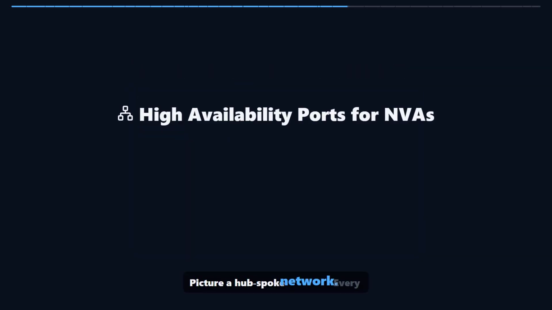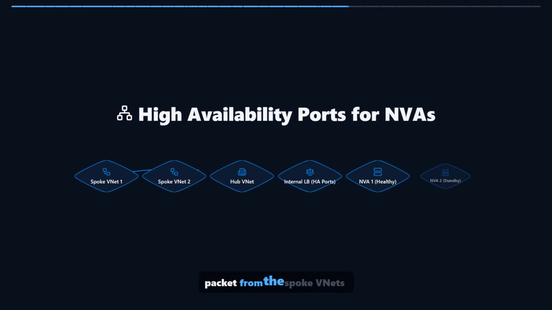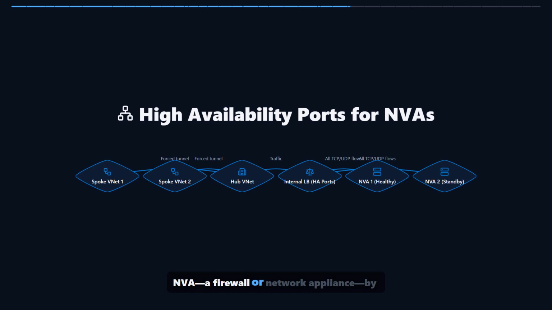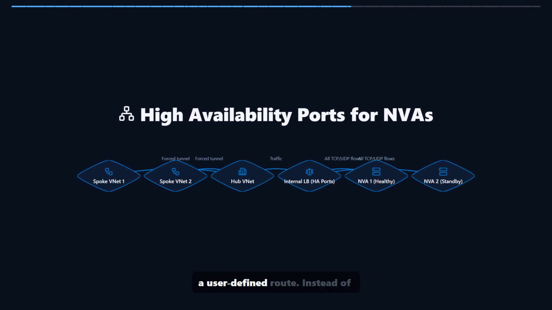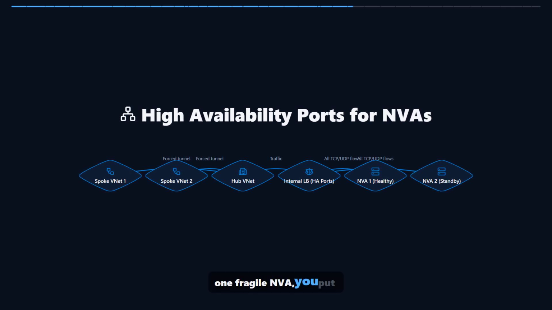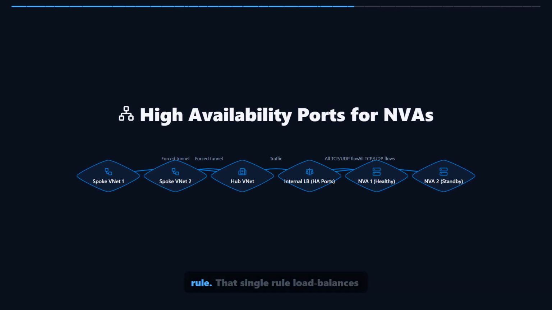Picture a hub-spoke network. Every packet from the spoke VNets is forced through a central NVA, a firewall or network appliance, by a user-defined route. Instead of one fragile NVA, you put two behind an internal load balancer with an HA ports rule.